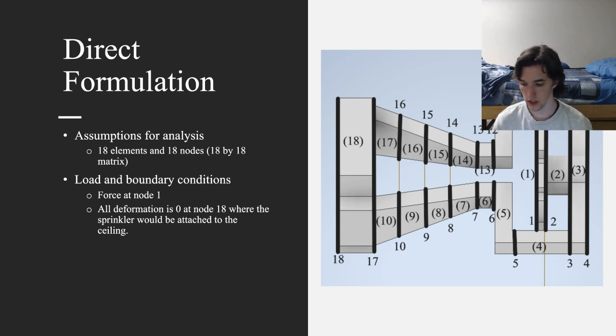We chose the force to be at node 1, applied directly to the deflector, and it is equal to 7.87 newtons, which was converted from the pounds shown in the preliminary calculations into newtons for the sake of this analysis. We also chose the pin to be at node 18, where the sprinkler would be attached to the ceiling.